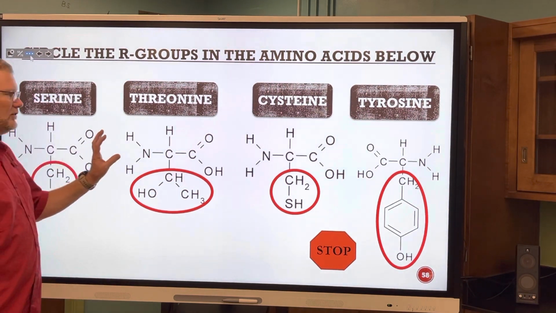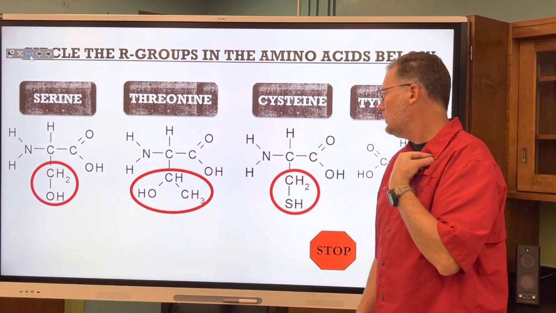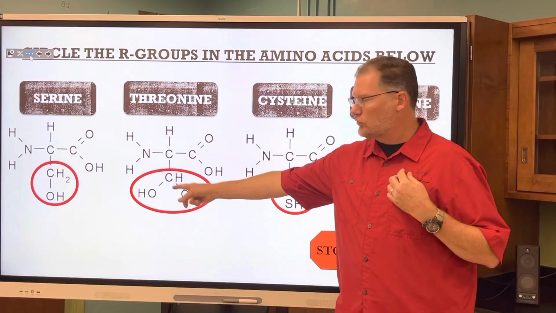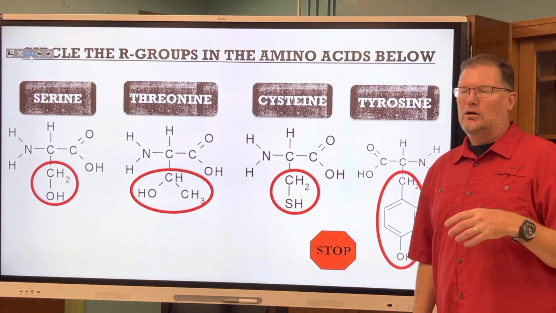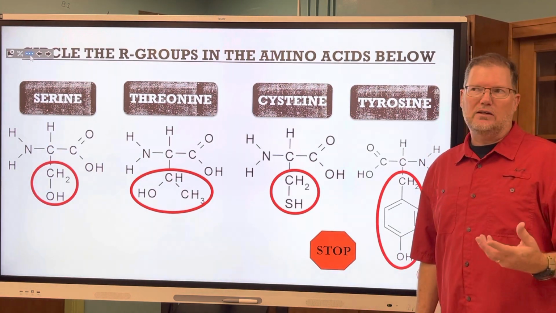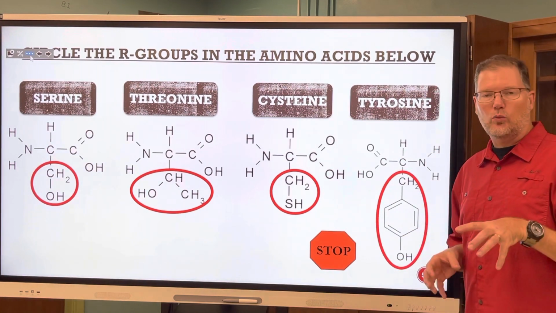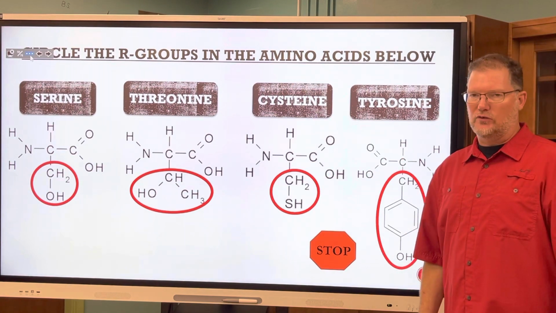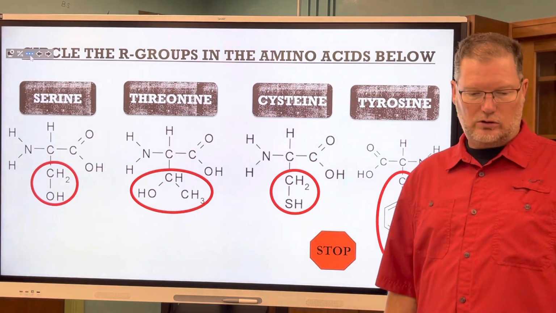So all of these would be beads on the necklace, but adding these little R groups would change the color of the bead or the shape of the bead or what the bead meant or something like that, okay? And so arranging these in all different ways, you're going to make a multitude of different proteins. And that's our notes for today.